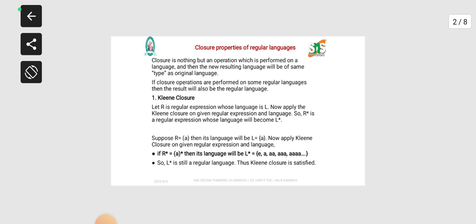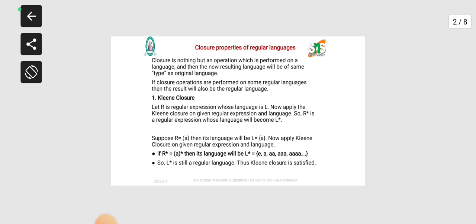The Kleene closure is one of the important properties under regular language. Let us consider the regular expression as R and the language as L. Now we are going to apply the Kleene closure. Kleene closure is also called star closure on a regular expression and language.